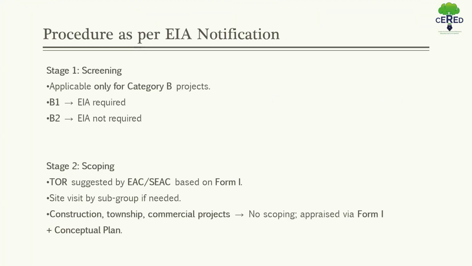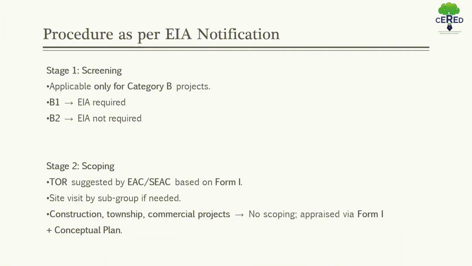Now next, the procedure as per the EIA notification. For the environmental impact assessment of any project, we are again based on the notification which came in 2006. Based on the 2006 notification, the main procedure of EIA, the first one, is screening.